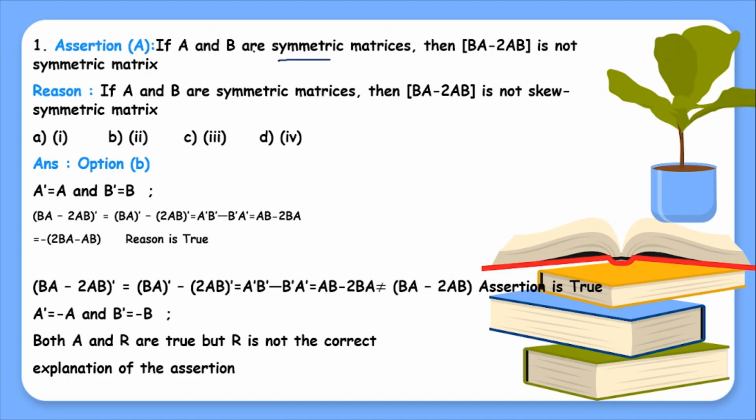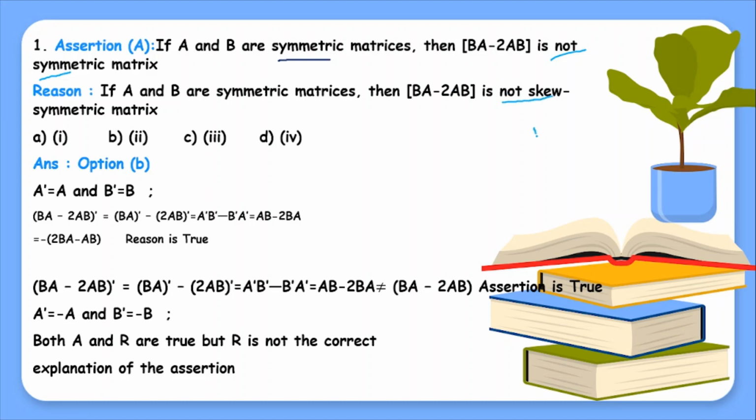The reason is: if A and B are symmetric matrices, then BA minus 2AB is not skew symmetric. Now you can compare the assertion statement as well as the reason statement. Both statements look alike. The only difference is that here it is mentioned not a symmetric matrix, and here it is mentioned not a skew symmetric matrix.